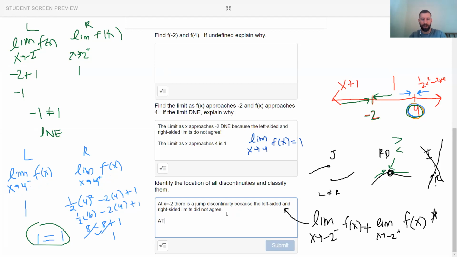So we have to now justify at x equals 4. I could even say f of x has a removable discontinuity because although the limit exists, f of 4 is undefined.